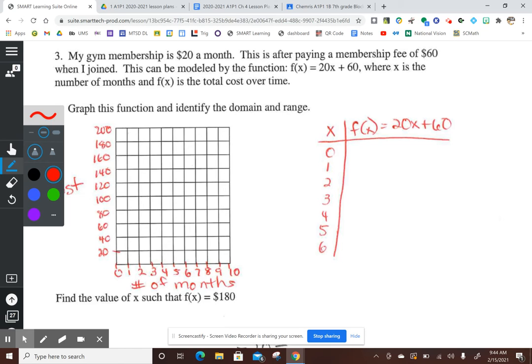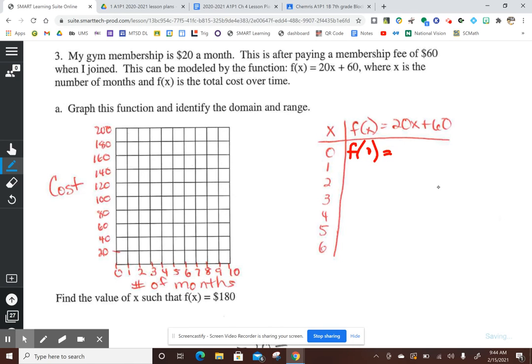I already showed you what I counted the costs by, but the way I came up with that is I plugged in numbers here. So let's plug in the numbers. When I plug in f of 0, I get 20 times 0 is 0, plus 60 is 60. F of 1, 20 times 1 is 20, plus 60 is 80. F of 2, 20 times 2 is 40, plus 60 is 100.